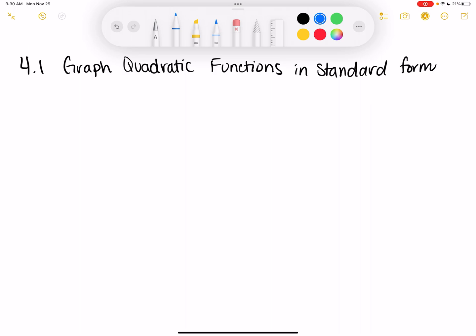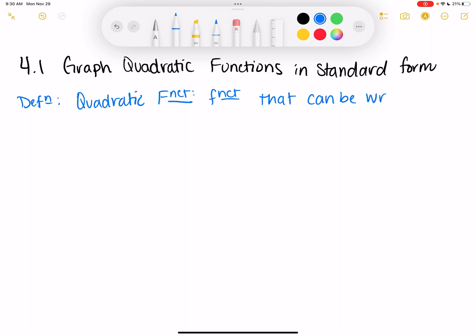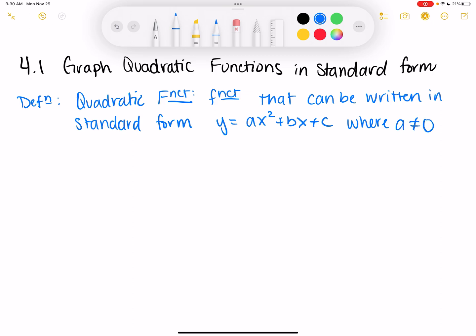All right, so a definition of a quadratic function: it is a function that can be written in standard form, y is equal to ax squared plus bx plus c, where a is not equal to 0.